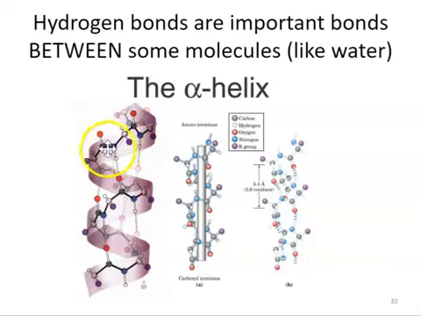The peptide is formed when amino acids are covalently bonded together to make a protein. But hydrogen bonds are incredibly important too. So here we have a hydrogen bond, here we have a hydrogen bond, and over here we have a hydrogen bond. These hydrogen bonds form within the molecule, twisting it into this shape, which is called an alpha helix.